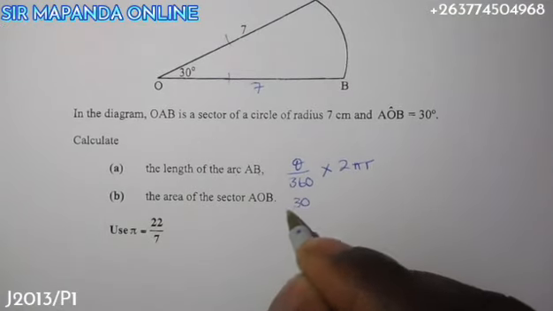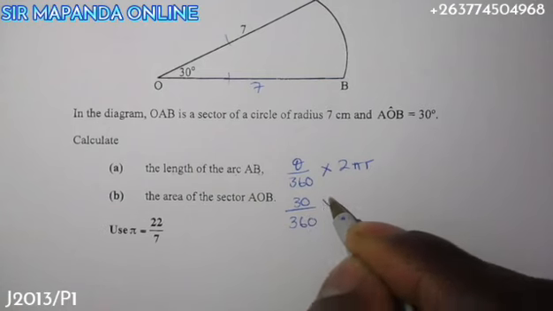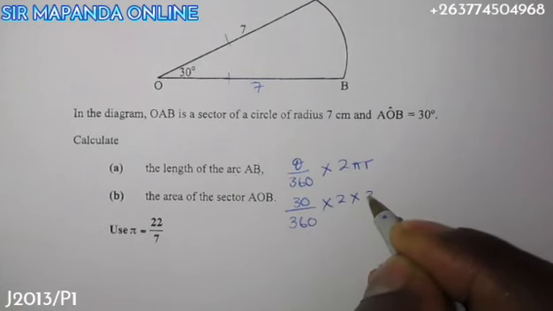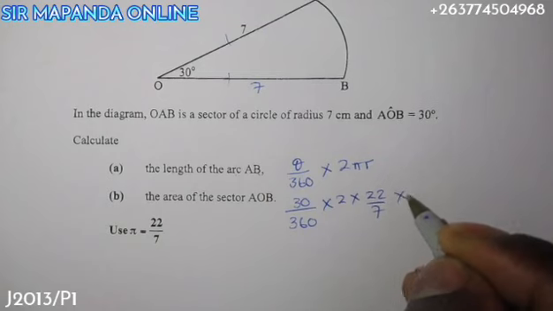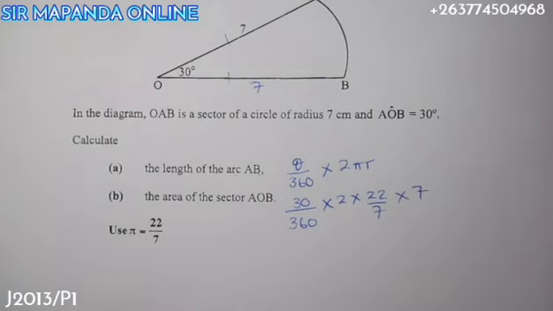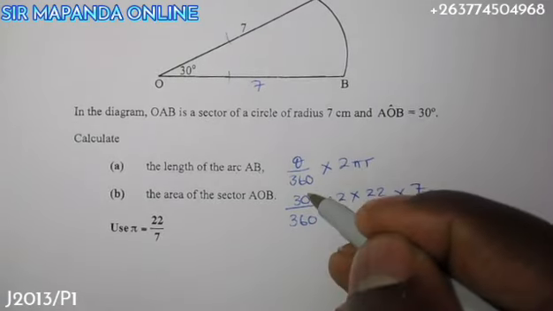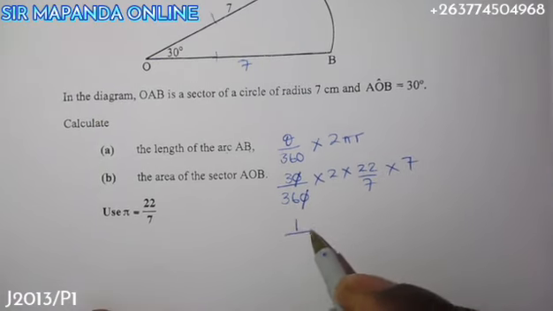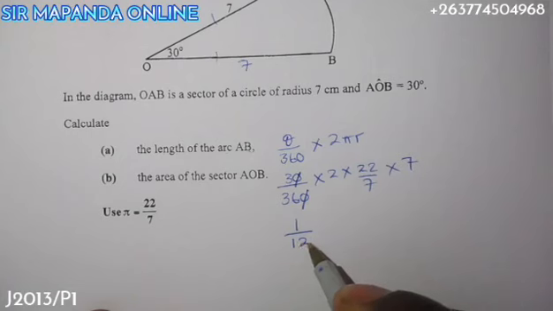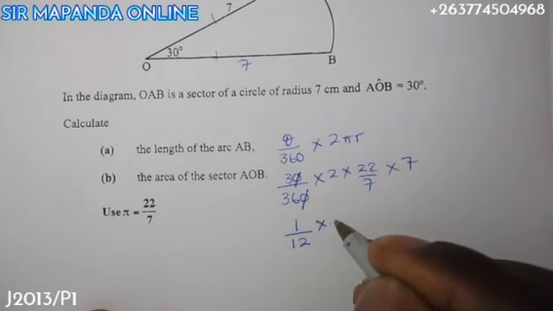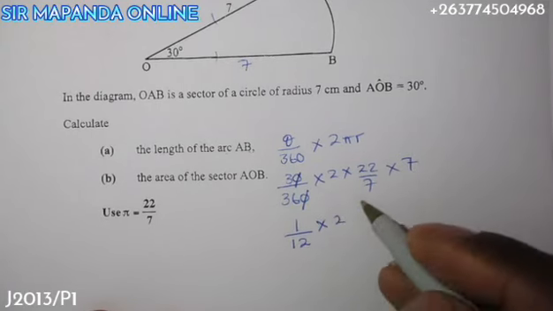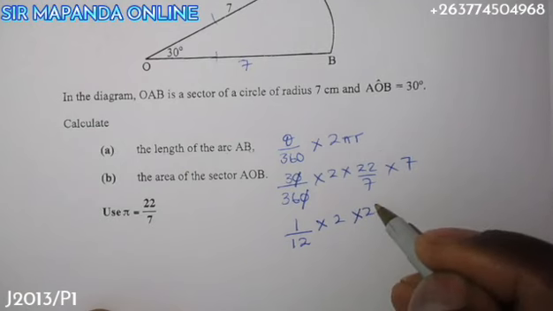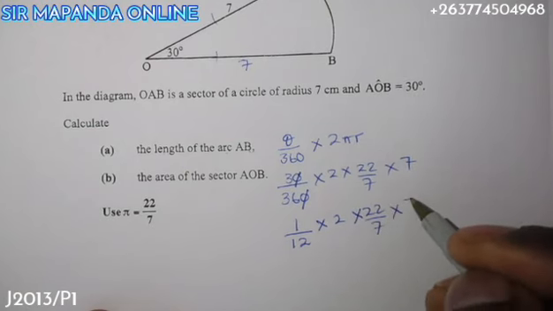So you are saying 30 over 360 times 2 times 22 over 7 times 7, right? So 0 and 0, they cancel off each other. We want to reduce 30 over 360 to its lowest terms. 3 into 3, you get 1. Then 3 into 36, you get 12. So you now have 1 over 12 times 2 times 22 over 7 times 7.